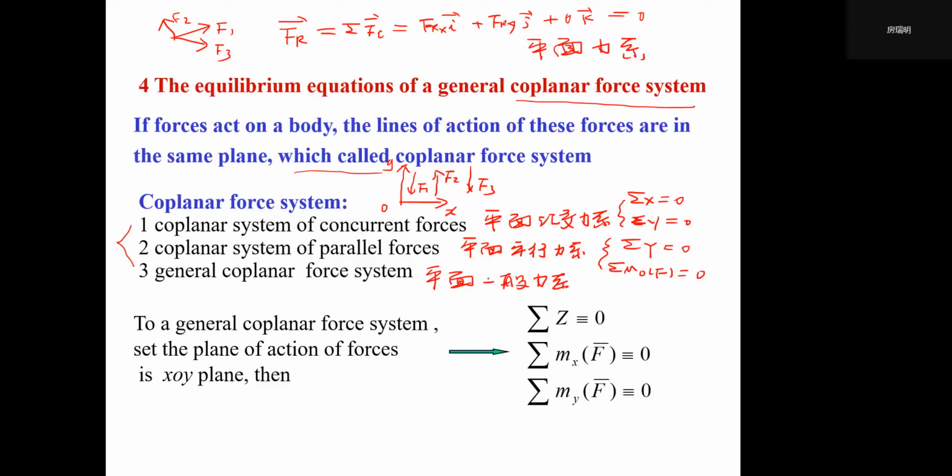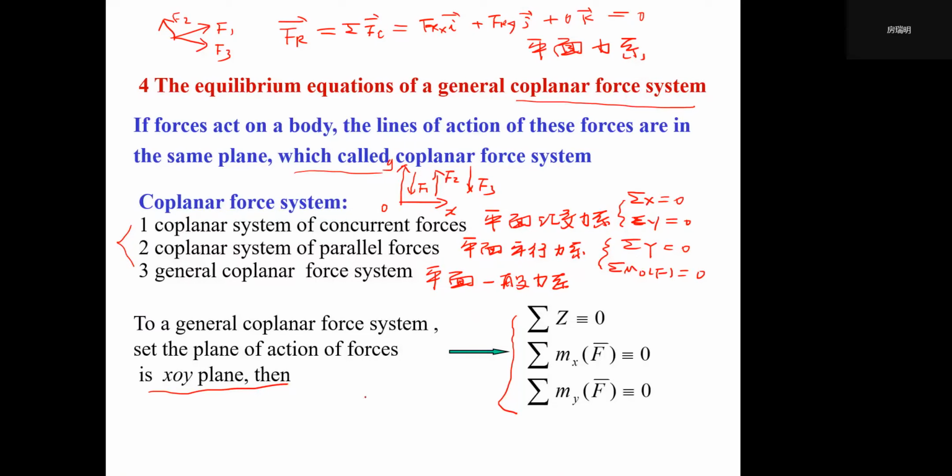The general coplanar force system, we call that 平面一般力系. We can think of the 平面一般力系 as equivalent to a 平面汇交力系 plus a 平面平行力系, right? So for a general coplanar force system, set the plane of action of the forces in the XOY plane. The most important three equations I need you guys to understand and know are these.